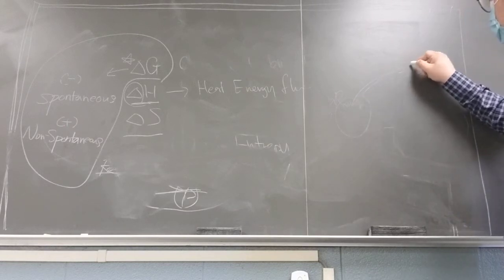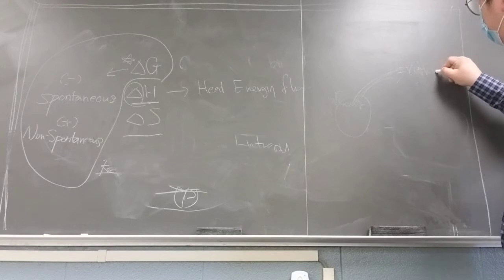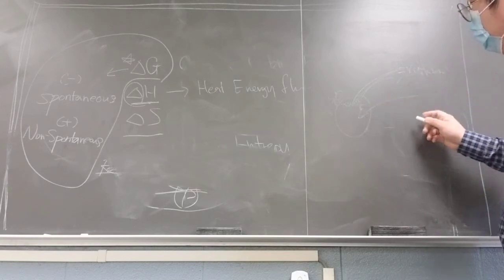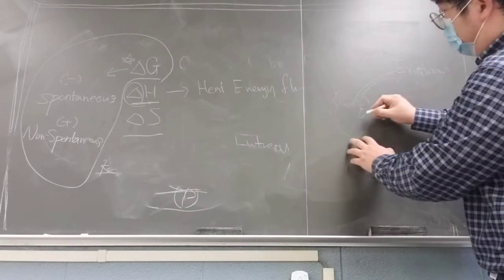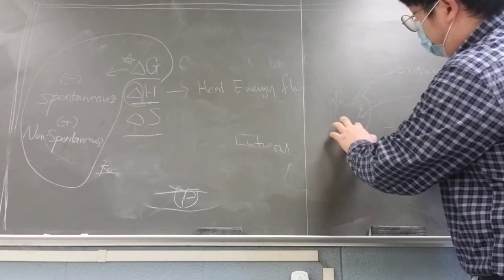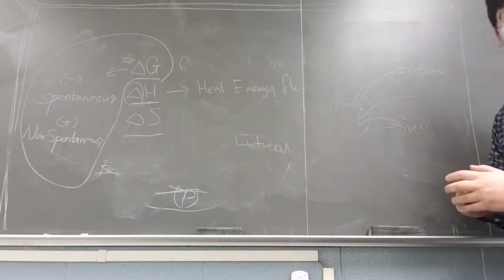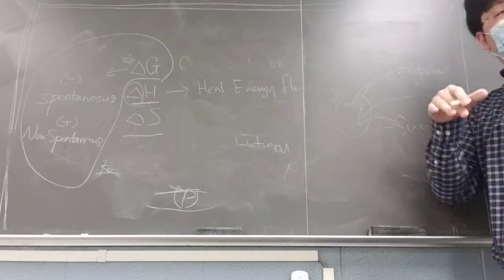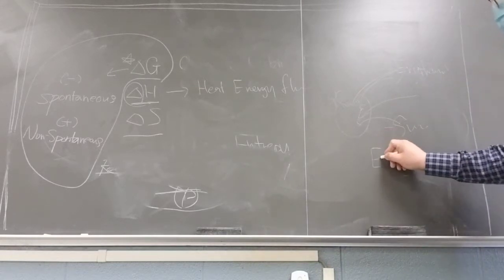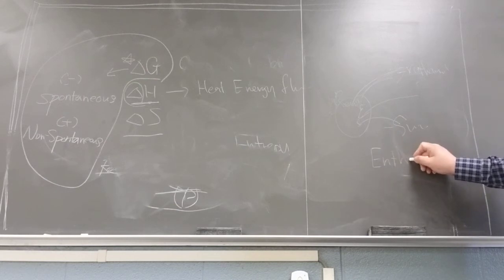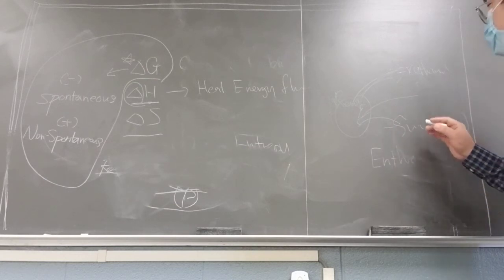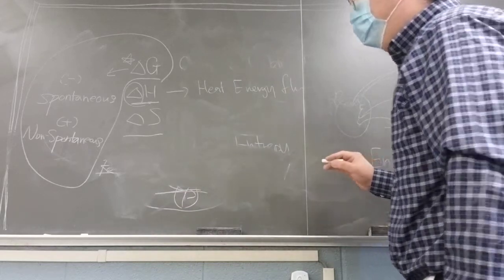If it's going in, where the system is the reaction and everything else except the system is the surroundings, it's an endothermic reaction because it's going in. You guys remember this? Endothermic reaction? Okay. So exothermic and endothermic reactions.